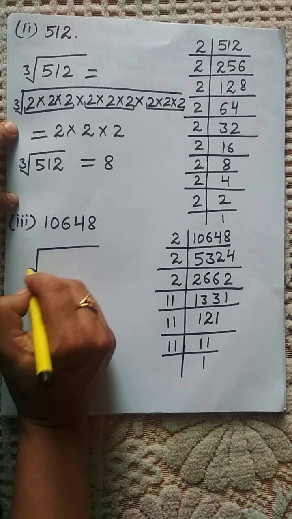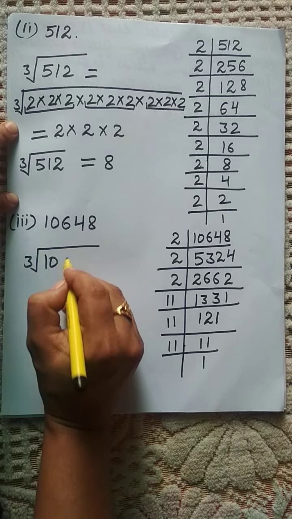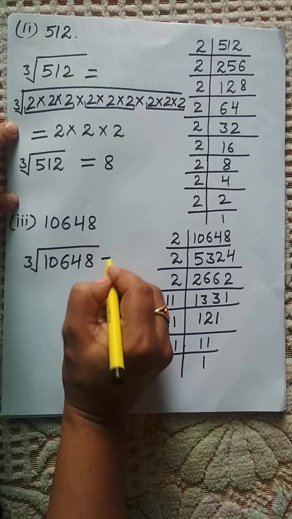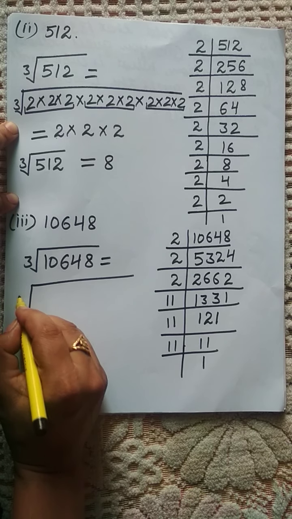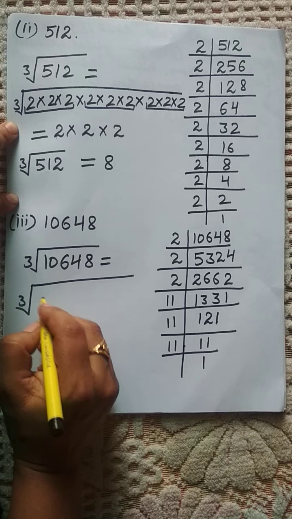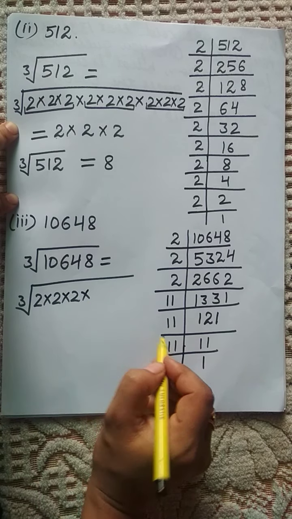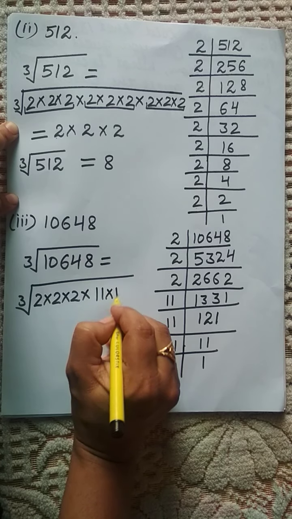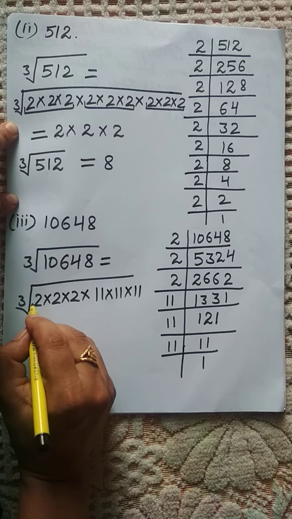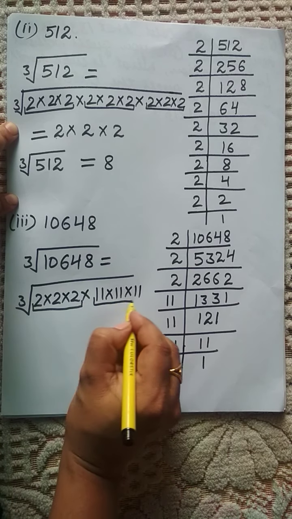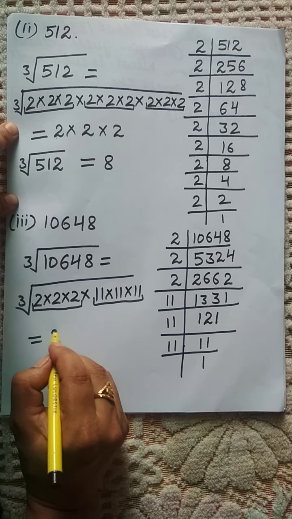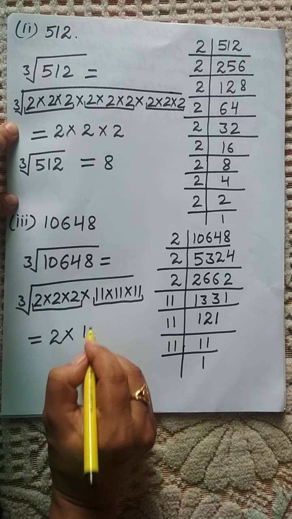So here I can write down the prime factors of 10648 as: 2 occurs 3 times, 2 multiplied by 2 multiplied by 2, then 11 occurs 3 times. Now I will make the triplets. One triplet is for 2 and the next triplet is for 11.